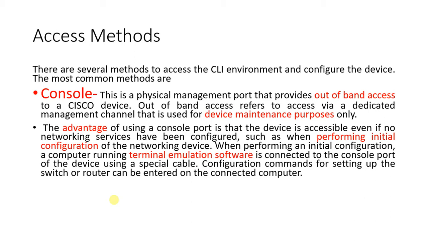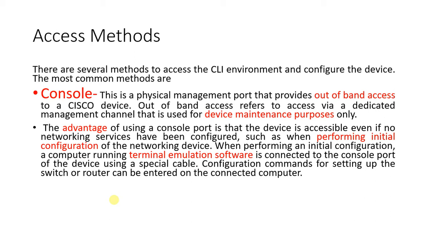When performing an initial configuration, a computer running terminal emulation software is connected to the console port. That emulation software can be PuTTY, one example which we'll be using in our lab. Configuration commands for setting up the switch or router can be entered on the connected computer.